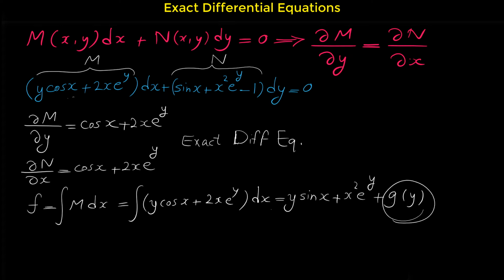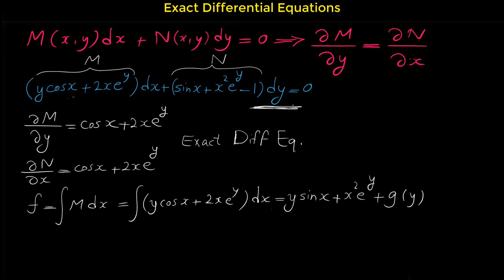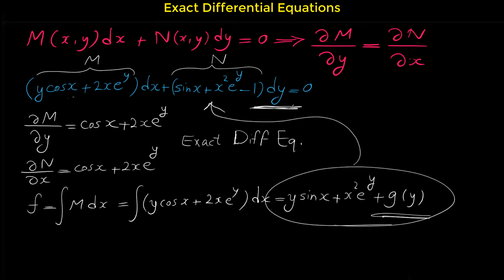For finding this unknown function g, if we take the derivative of all of this expression with respect to y, the derivative of this expression must be equal to N. So for finding g here, if we take the derivative of this expression with respect to y, it should equal N, the expression here.